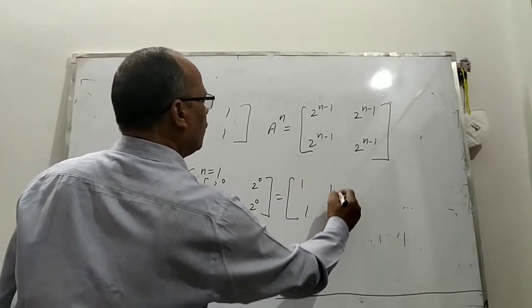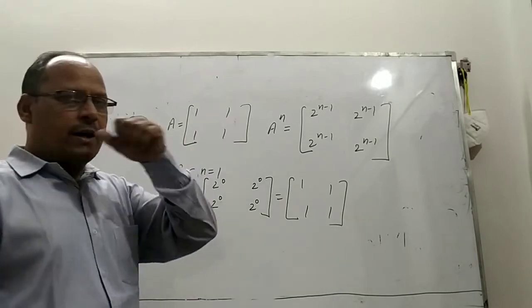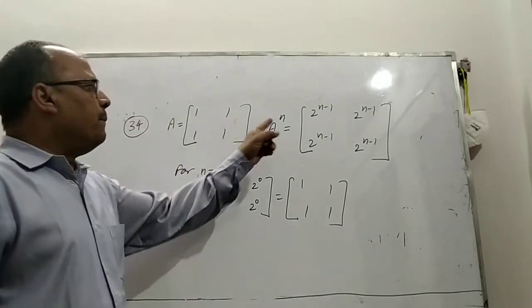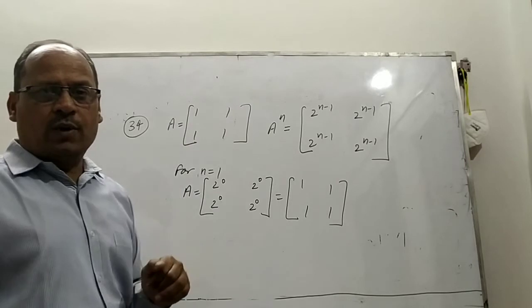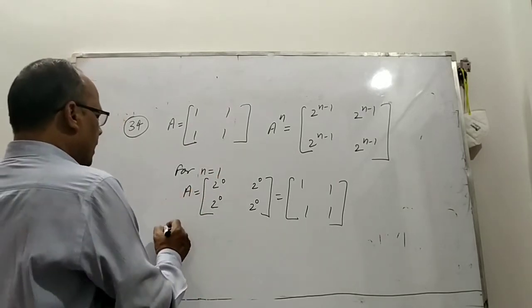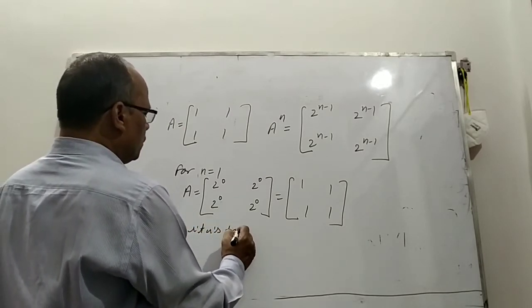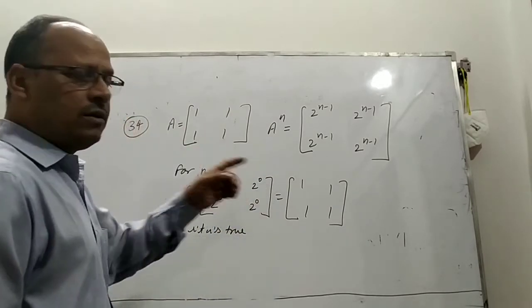Suppose P(n) is a statement; for n equal to 1, the statement P(n) is true. Implies that it is true, because it is given a equal to 1, which is true.